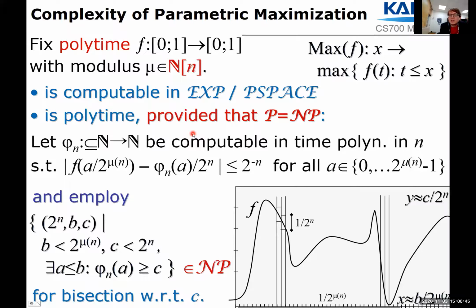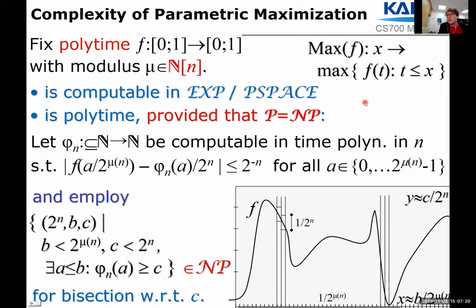Bisection is maybe good for finding unique roots, but for finding maxima, I'm not sure how to use that. And Newton's method only finds local optima. That's one constraint: only local, not global maxima or extrema. And the second problem is Newton's method requires a good starting point, which, in our setting at least, I have no idea how to find.